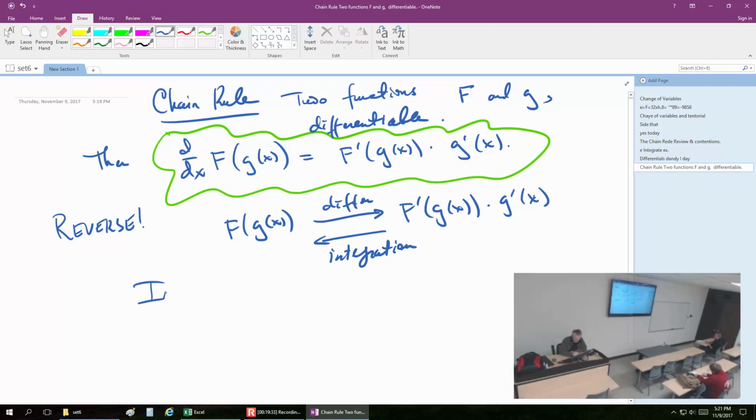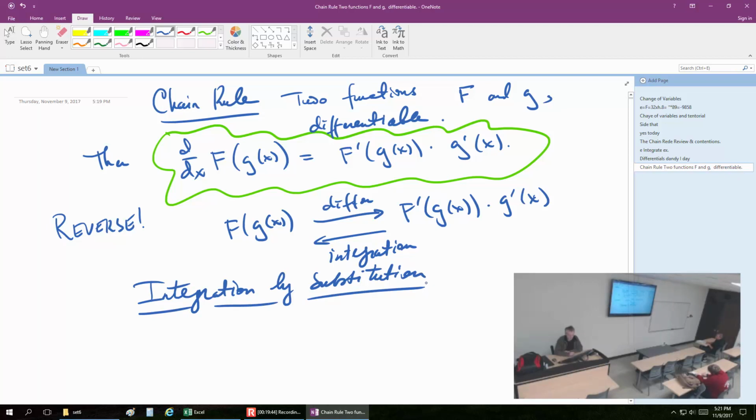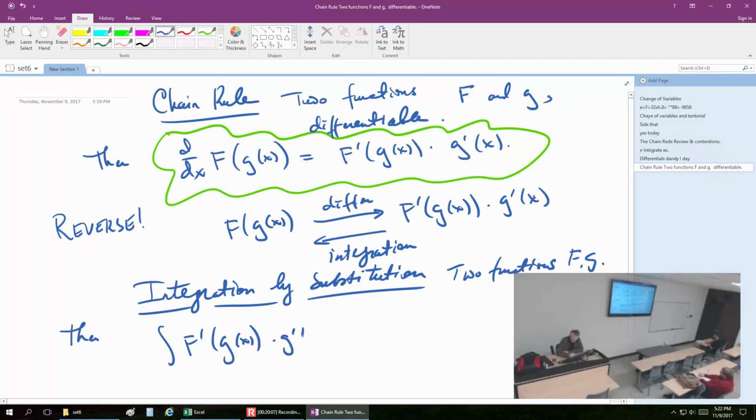So it's also a theorem, but there is nothing to prove because we already have it. Once again, two functions, F and g. I'm reading that diagram from right to left, so I have the integral of F prime of g of x times g prime of x dx is equal to F of g of x plus c.